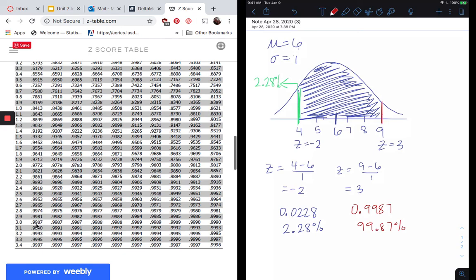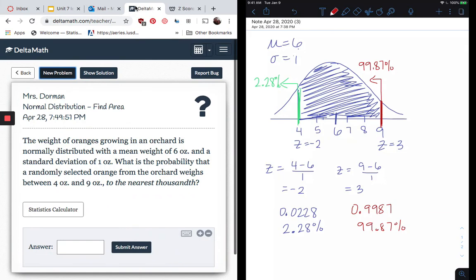And that is everything to the left of 9, 99.87% of the weights. Let's go back to the problem. This represents the weights of oranges in an orchard. So we just want between those 2 percents. We don't want everything this way, from less than 9. We just want between 4 and 9.